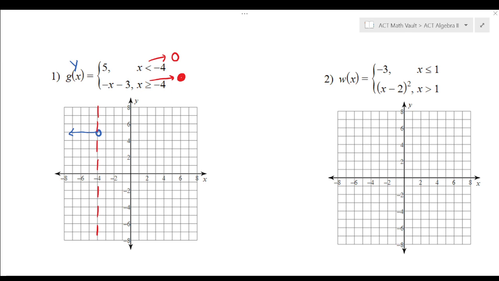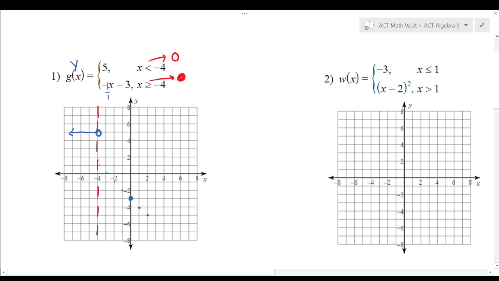So then the next one would be negative 3 starts here. And if it's a negative x slope, that's like negative 1 over 1. So I'm going down 1 over 1, down 1 over 1, and let's get it all the way to this line here.